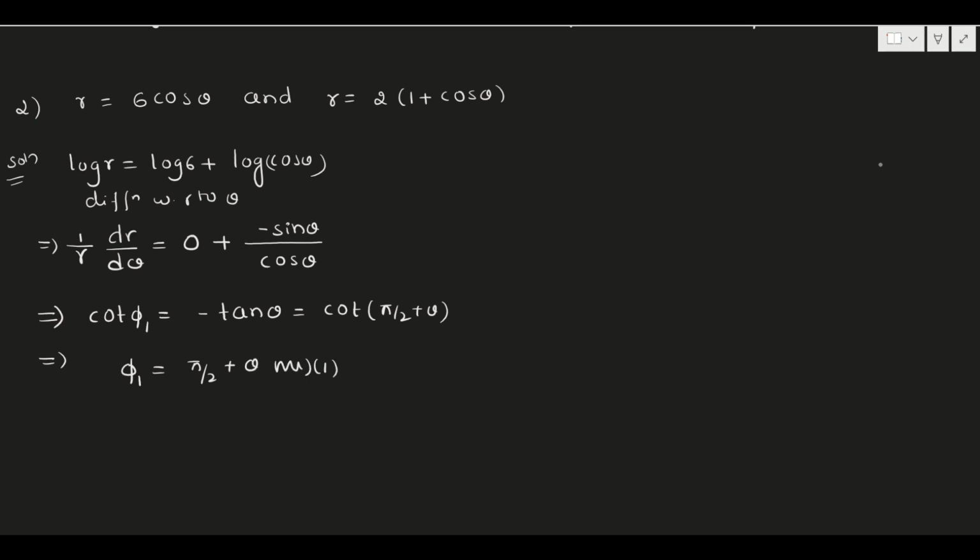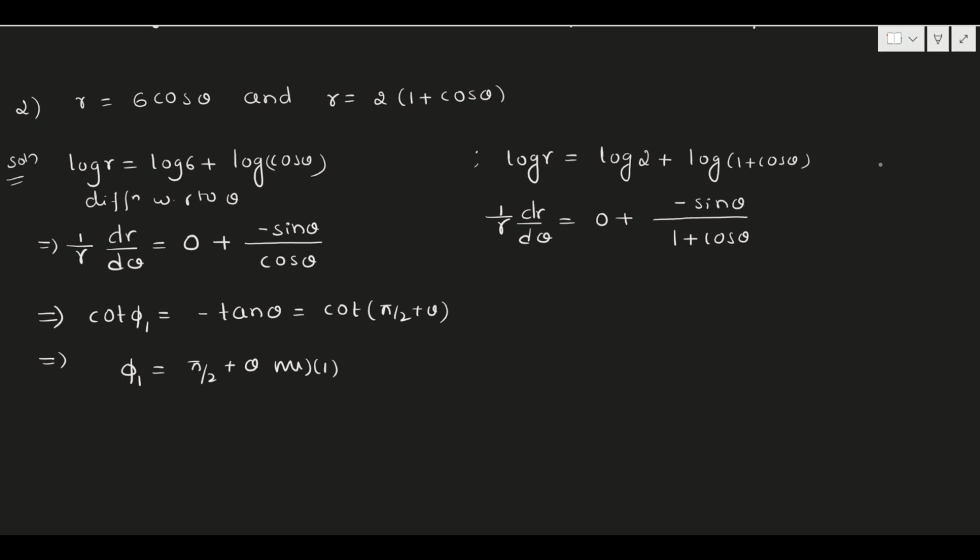Now for the second curve, when you take log, it is log r = log 2 + log(1 + cos theta). When you differentiate, 1 by r dr by d theta equals 0 plus the differentiation of log(1 + cos theta), which is 1 by (1 + cos theta) into minus sin theta. Here it is cot phi 2.